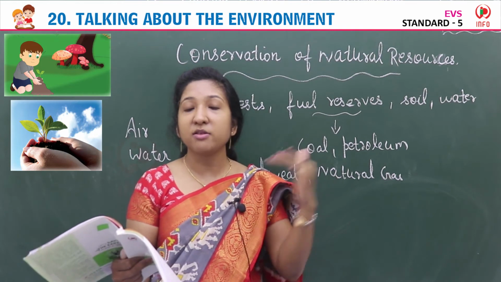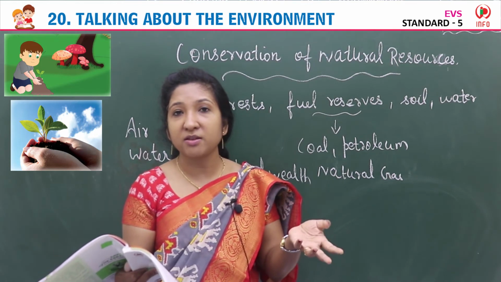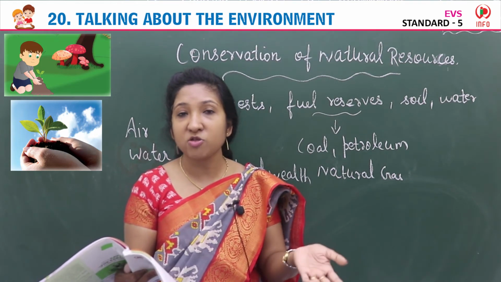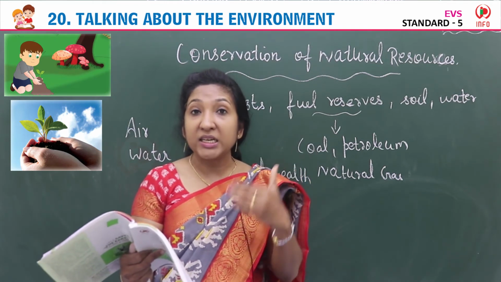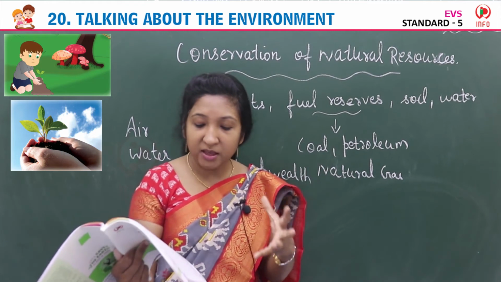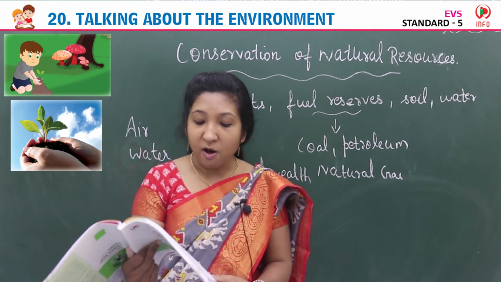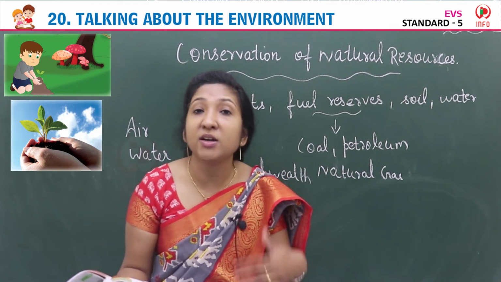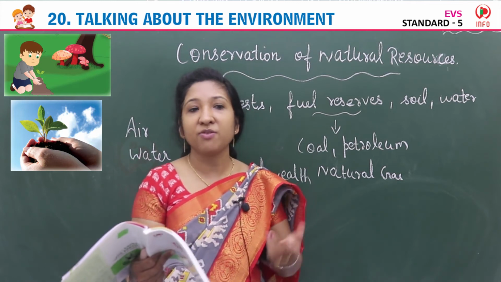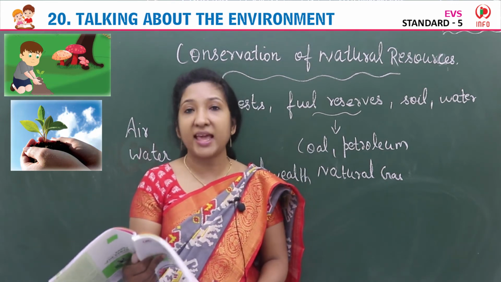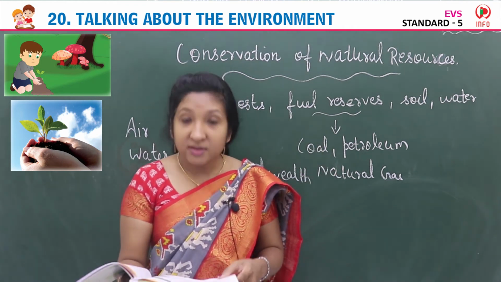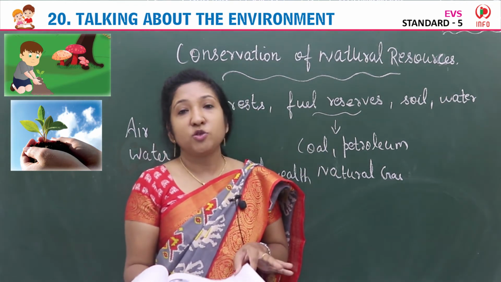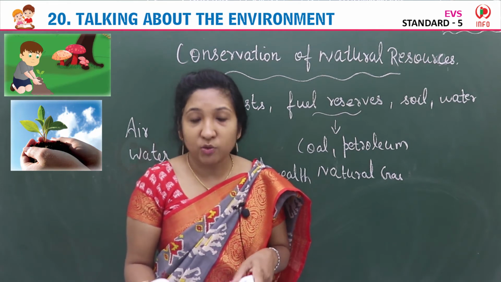Because of overuse of these resources without thinking, without using judiciously, human beings are exploiting these resources. So earth is in a danger position. Brink means a dangerous position of irreparable damage, meaning we cannot repair this damage. We won't be able to create this resource again once it is used up. It is exhausted, meaning no way to use it again or create it again.